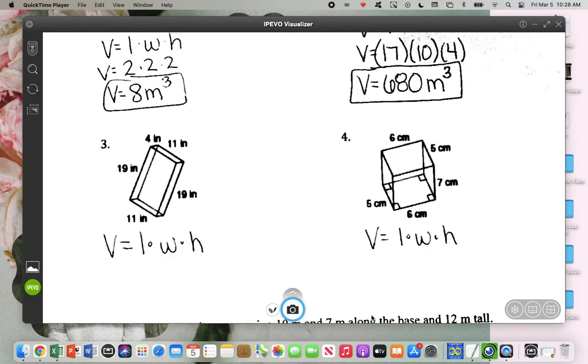Try them both. And don't forget your labels.